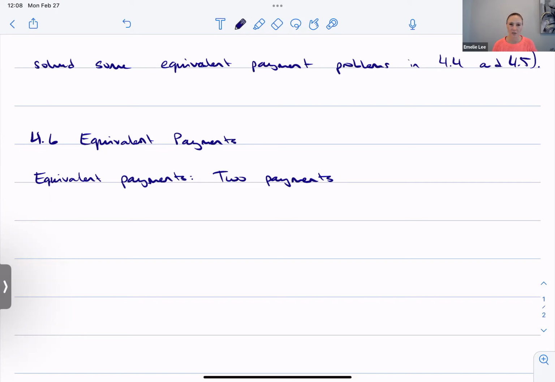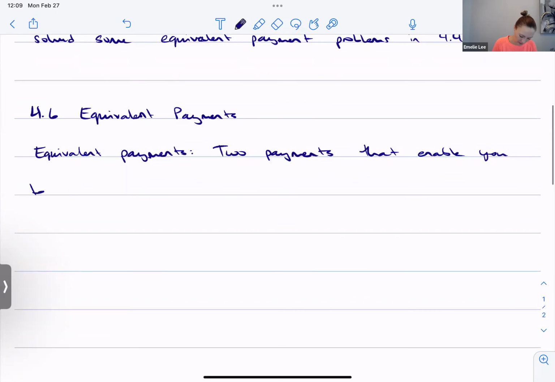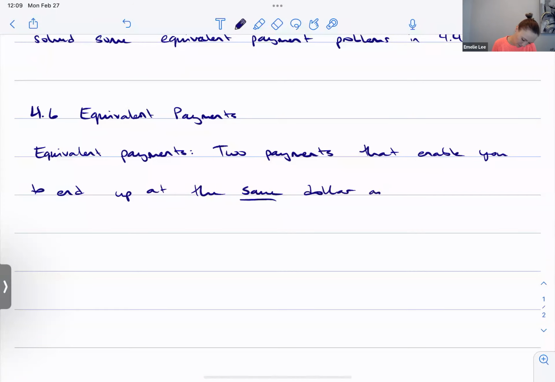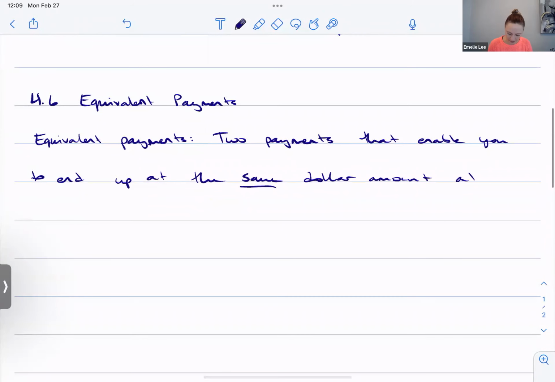I'm just trying to think if there's a better way to say that, but I'll just go for it. Two payments that enable you to end up at the same dollar amount at a later date.